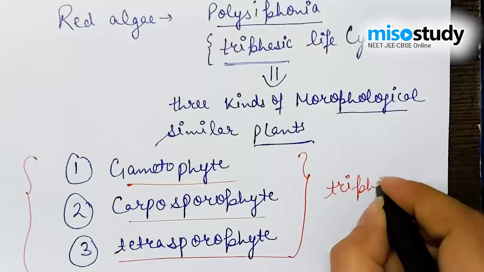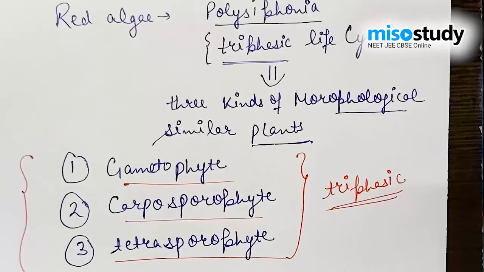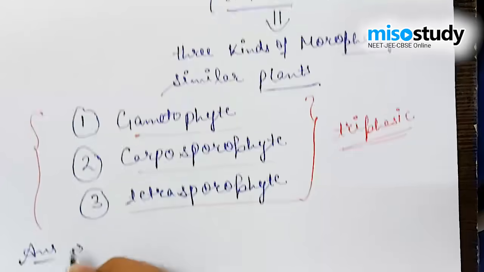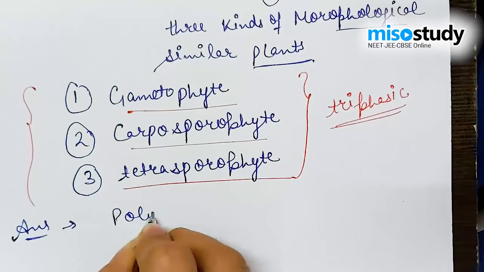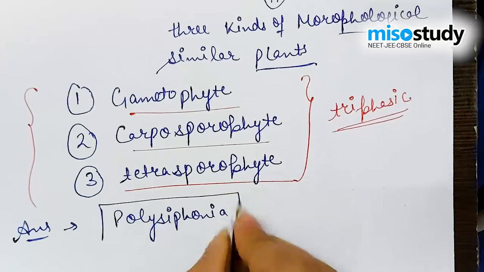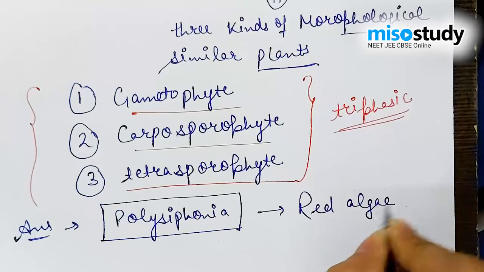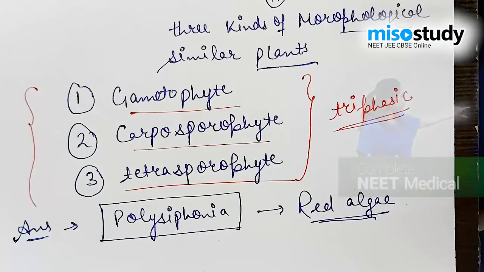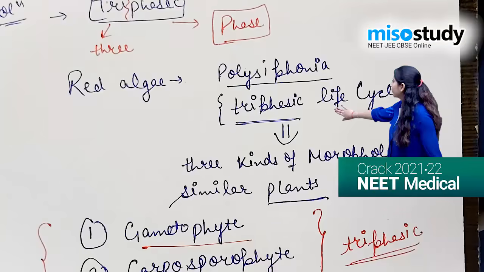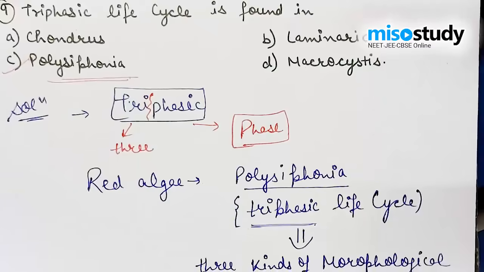These 3 form the triphase, in which the life cycle of the alga basically named Polysiphonia, that is red algae, occurs. So after discussing all this, the right answer for the question is option C, that is Polysiphonia.